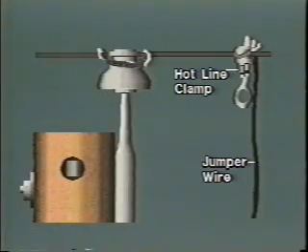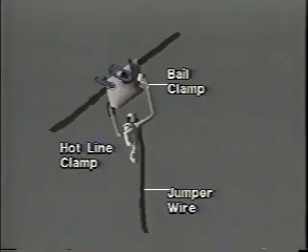The hotline clamp connects the jumper wire from the main line conductor to the transformer protective equipment. The clamp can be installed or removed with a hotline tool. A bail clamp can be used on the main line conductor with a hotline clamp connected to the bail. In this installation, any pitting or burning will occur on the bail rather than the conductor.